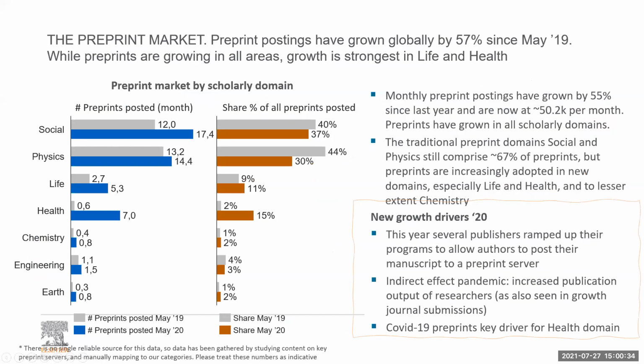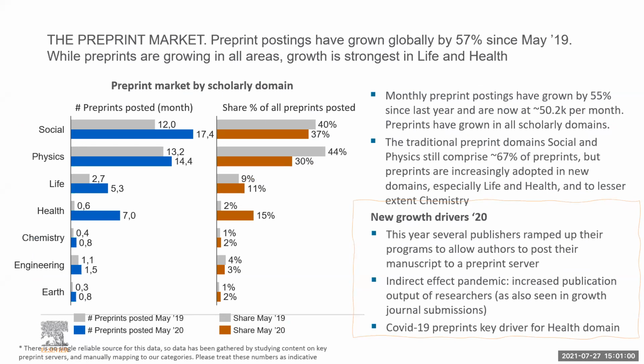And this is from the middle of last year, but you can already see the COVID growth, especially in health, of more of these papers being published. So it's very interesting, in my opinion, to look at the number of preprints posted per discipline. You can see that social and physical sciences far exceed the other research areas.